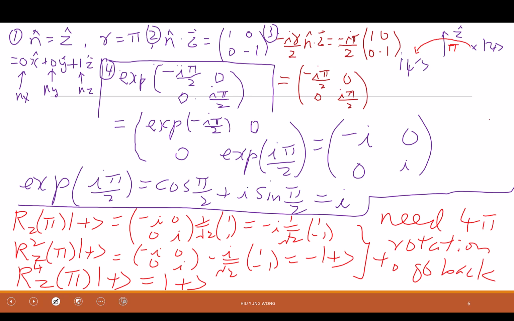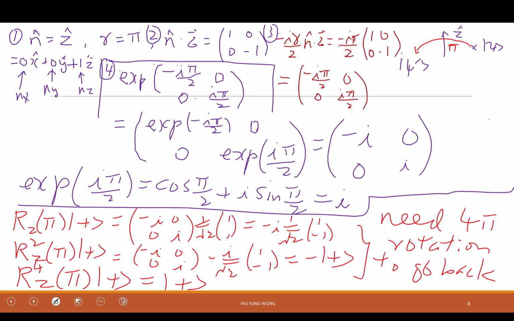That would be a disaster. Now, if you're just looking at this one, I rotate it by 2 pi, it will go back to its state. But if you consider myself and this cup as a whole system, how many degrees do I need to rotate this coffee cup in order to go back to my original state?